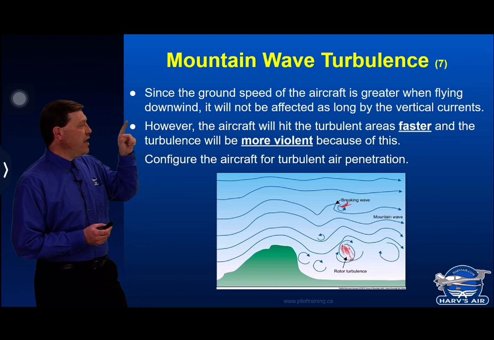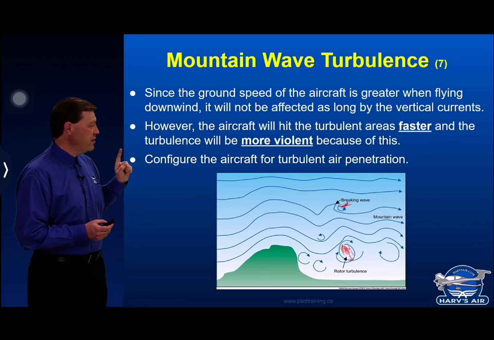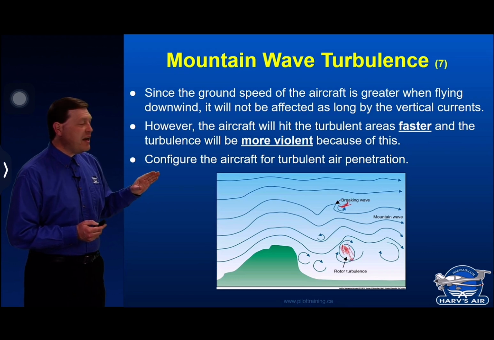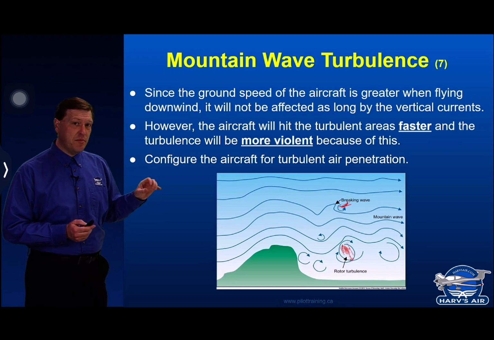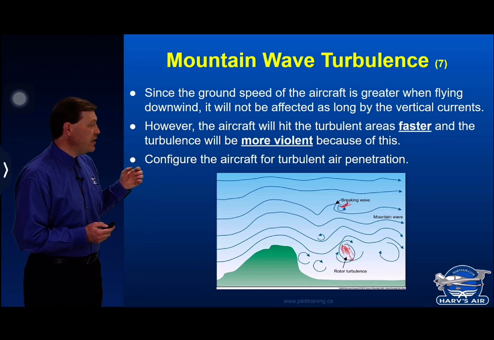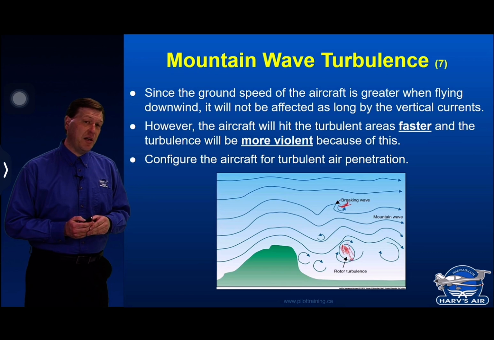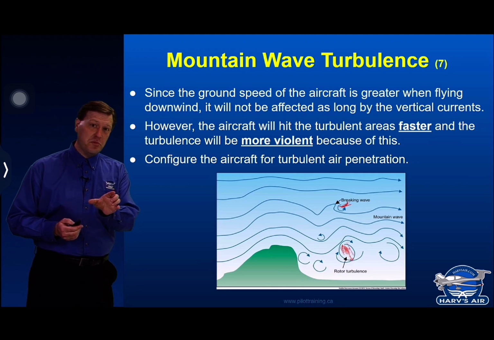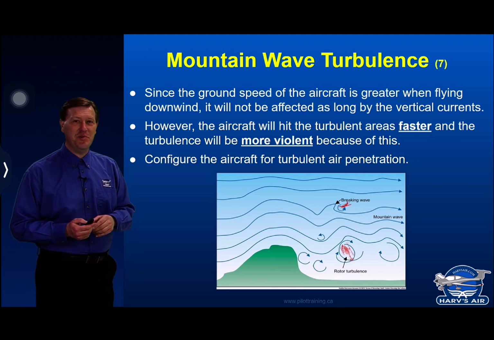Okay, so this describes what I just described right here. It's a good idea if you expect to encounter bumpiness to be sure that you slow your airplane down to the speed recommended for turbulence encounters, being VA, right, maneuvering speed.